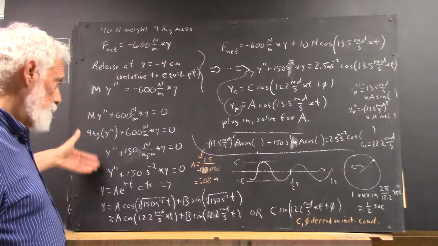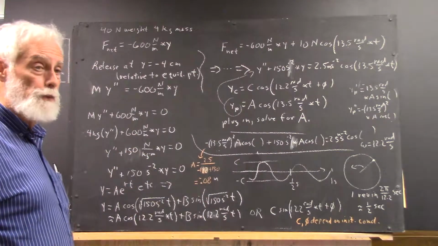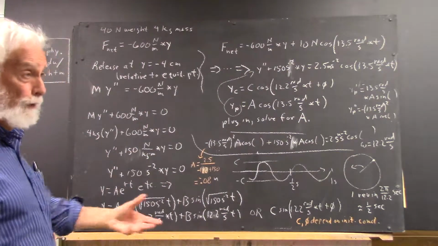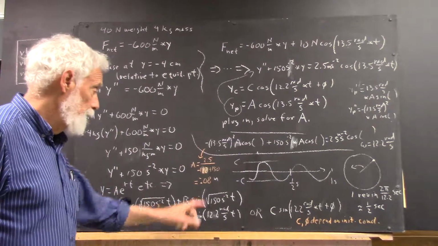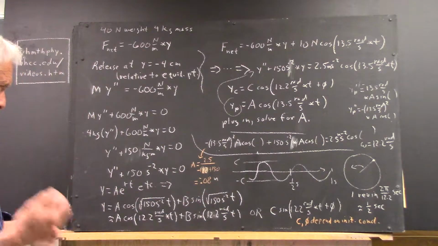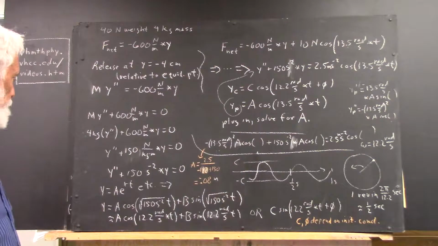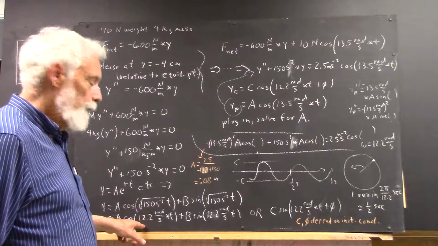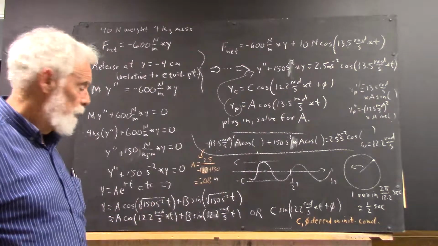So when we solve the characteristic equation, we're going to get an imaginary solution. We're going to use the Euler identity, and this is going to come out of it in a way that we've seen repeatedly. Okay, well, the square root of 150 is about 12.2, ballpark.